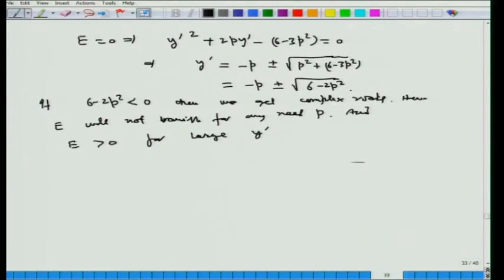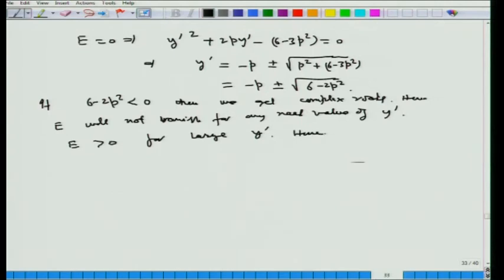For large y prime E is positive, because we can see that y prime square is the dominating term here, and if y prime is large, y prime square will decide the sign of E, and so for large values of y prime, E will be positive.